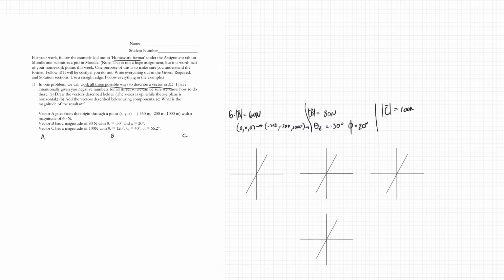And then theta X, theta Y, and theta Z are 120, 40, and 66.2 degrees. Now I'm going to do those on 3 separate plots just for clarity. You could have done them however you wanted to.